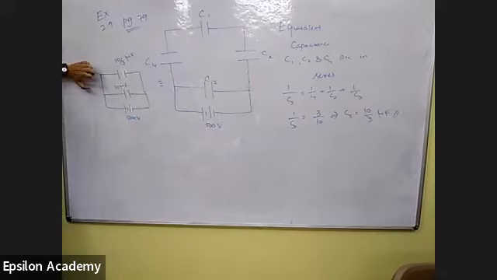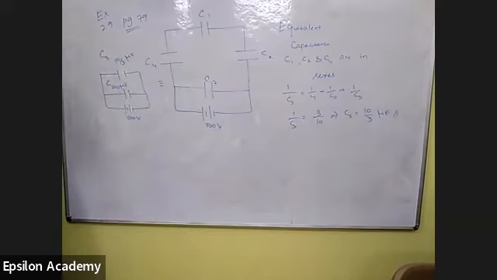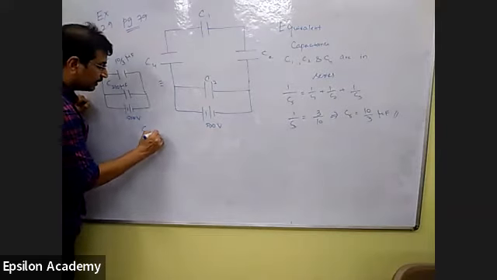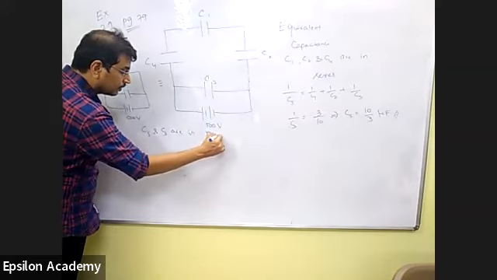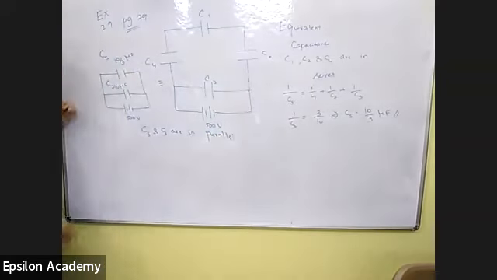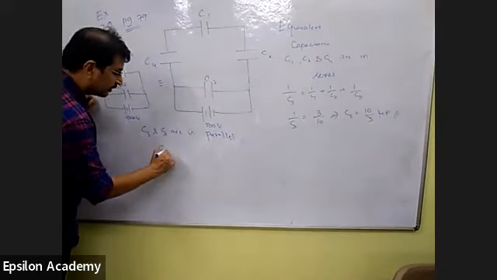Now 10 by 3 and 10. If I call this CS and this C3, CS and C3 are in parallel.